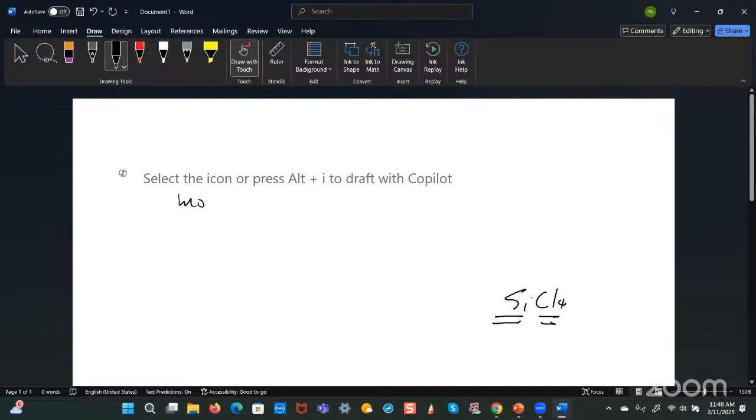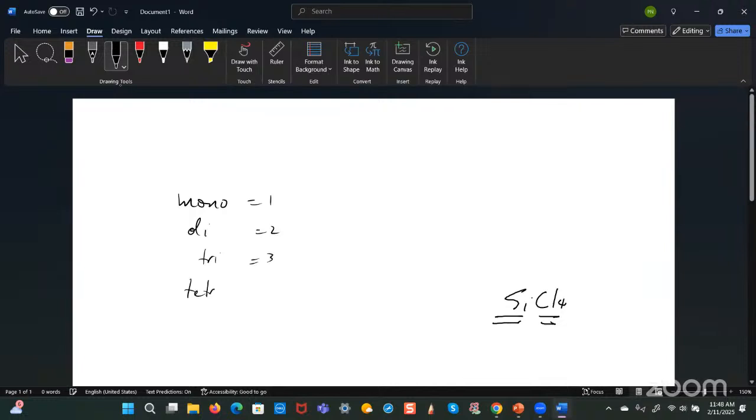So some prefixes you have to use. You have mono for 1, di for 2, tri for 3, tetra for 4, penta for 5, hexa for 6.